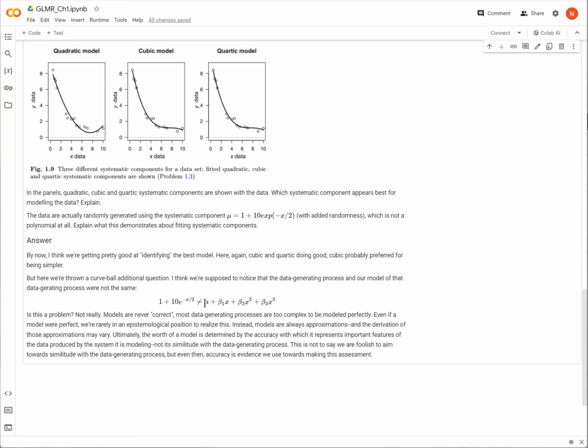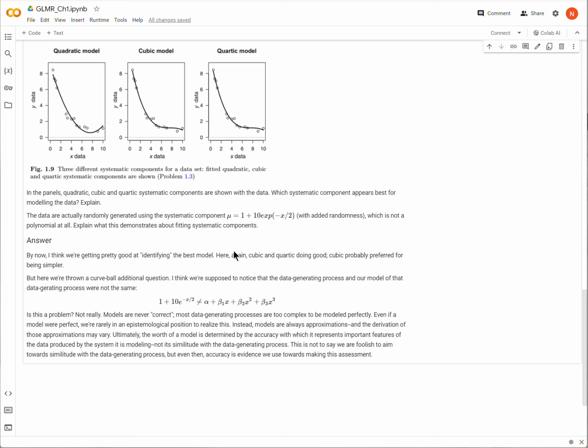Well, it's that our models are always approximations, and the expression or the derivation of those approximations need not completely correspond to the form of the data generating process, and that's okay.